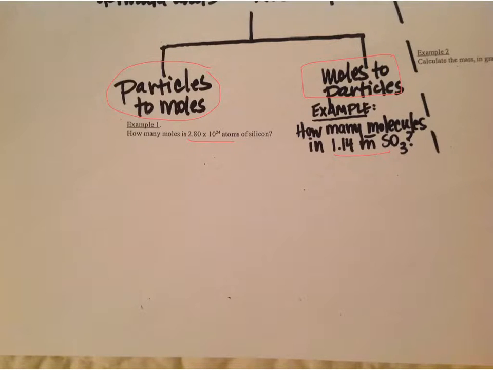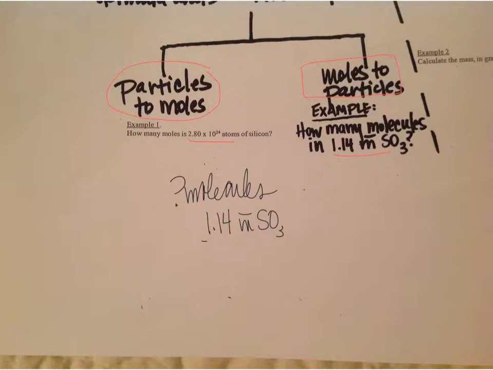So it says how many molecules, and I write the word molecules out so I don't get it confused with moles, of SO3 are in 1.14 moles of SO3. Okay, so we are given this number of moles and we want to know how many molecules that is equal to.